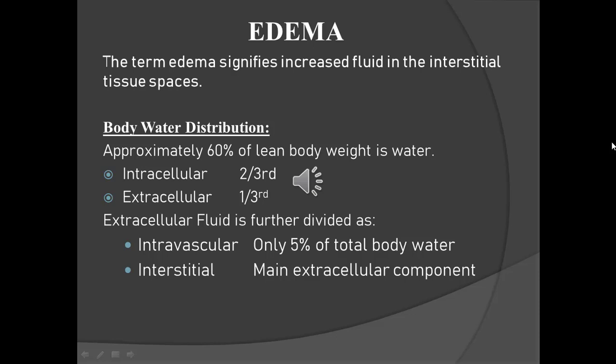when we talk about edema, there are two forces operating side by side. One is the hydrostatic pressure of the blood vessel, and the second one is the plasma colloid osmotic pressure, which is due to the plasma proteins.